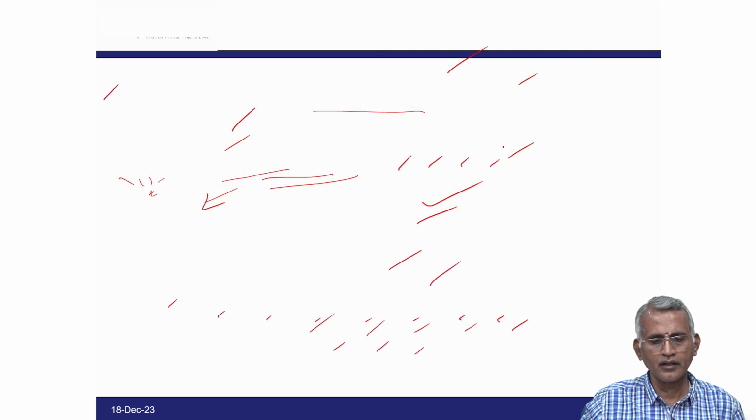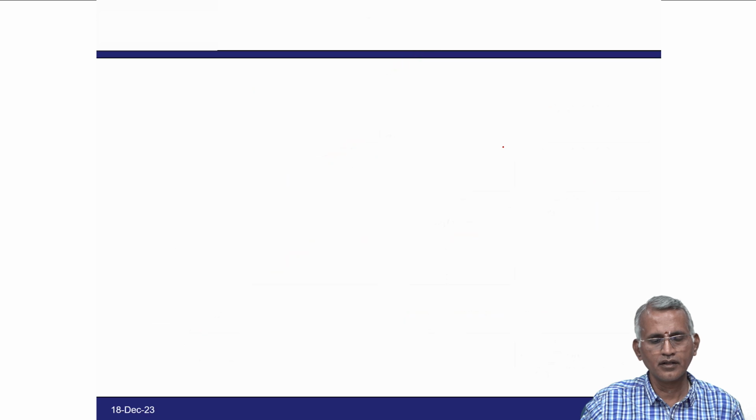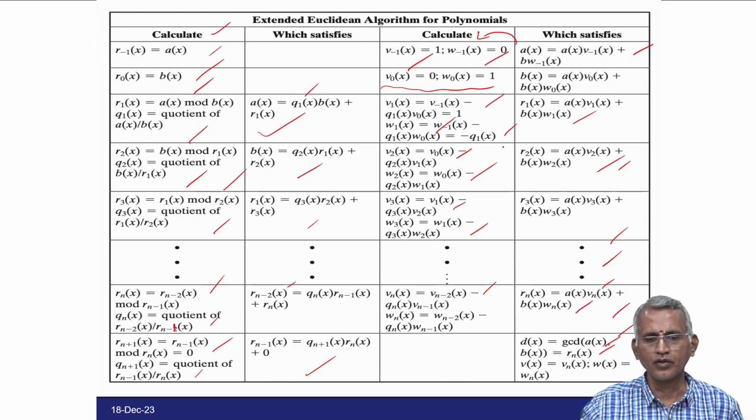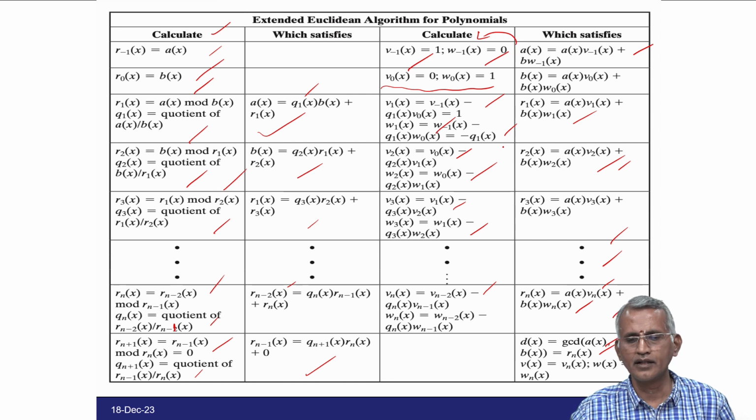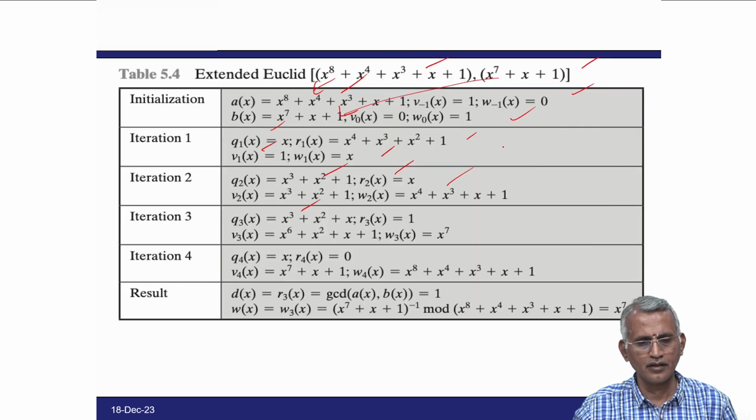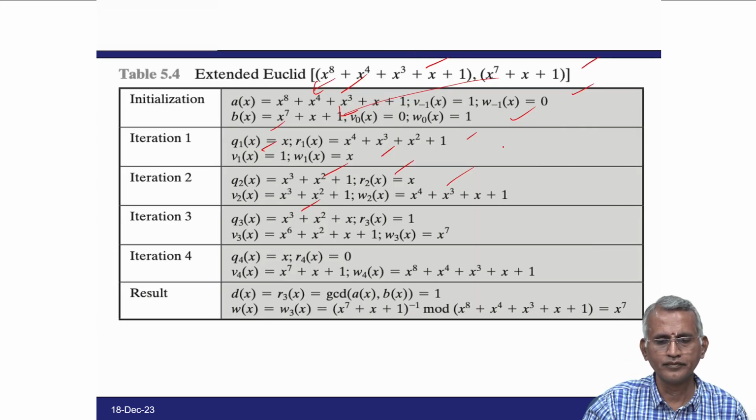So, here remember this table, so that we can understand the following problem. So, keep it in mind, and then we can calculate r1 of x and q1 of x and w1 of x and v1 of x and so on.